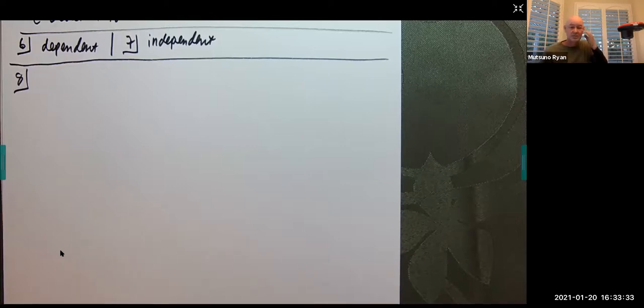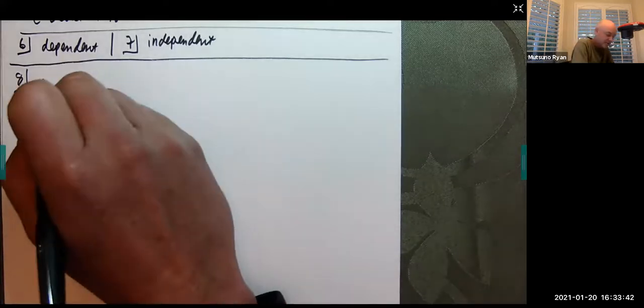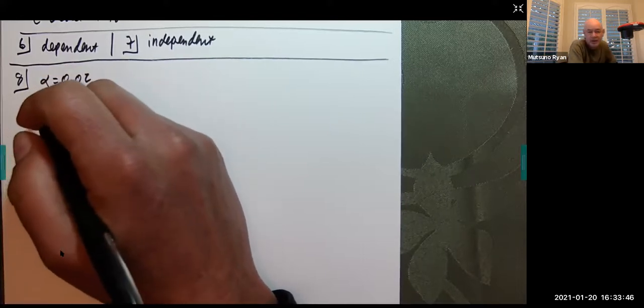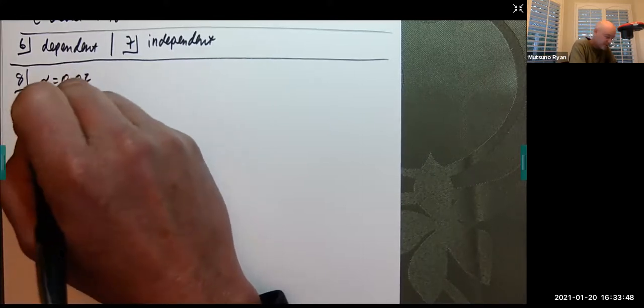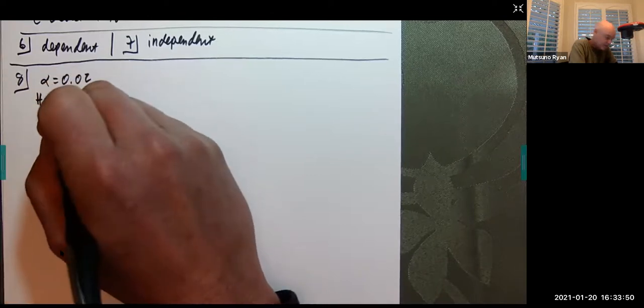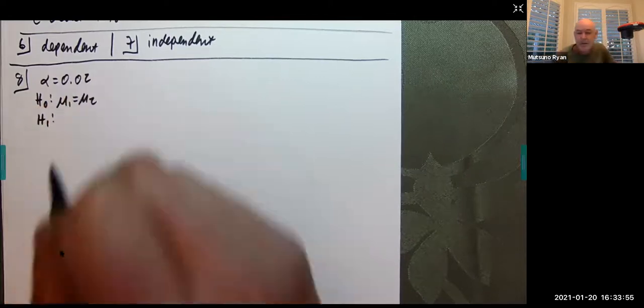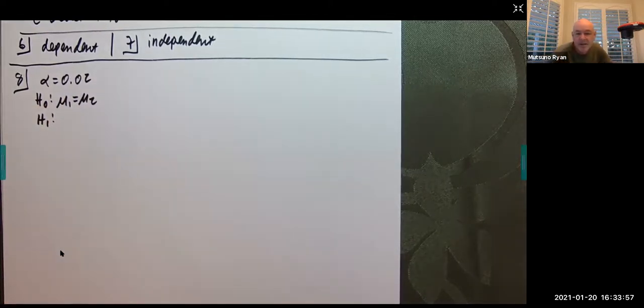So let's see what we have here. Looks like n equals 50 for both. And they give us an alpha of 0.02. And they want us to test, let's see what they want us to test. Test the claim that the mean response time for company A is the same.